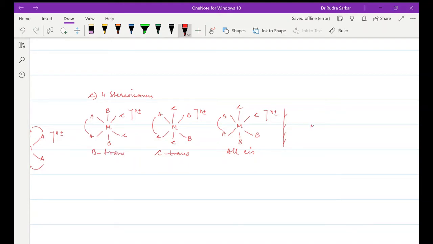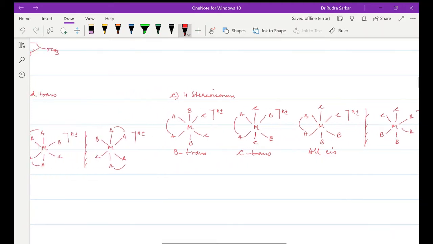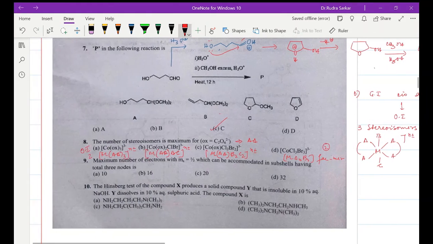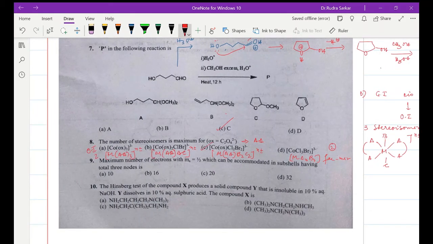So for this one, we will say there will be a mirror image of the following type. Now for the last one, which is obviously MA3B3 type, this is going to show FAC and MER geometrical isomerism, and hence there are 2 of them. So the maximum number of stereoisomers obviously is for option C.